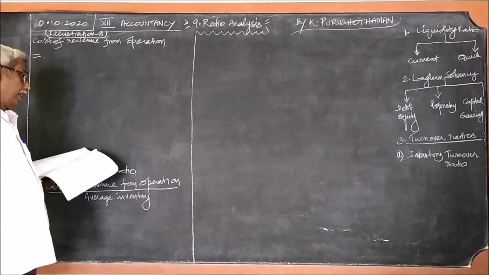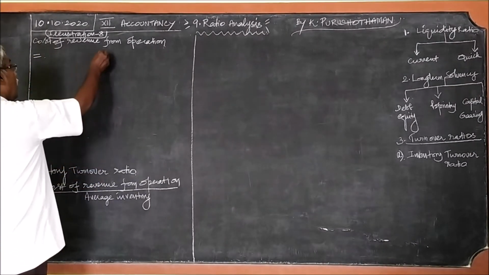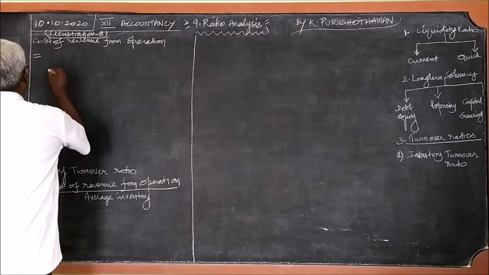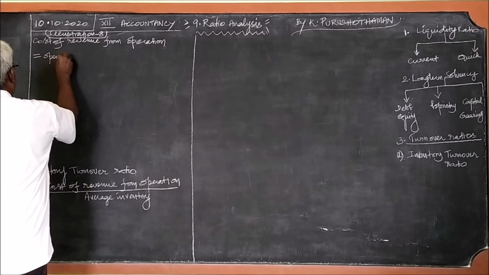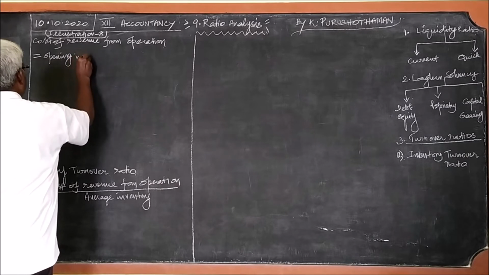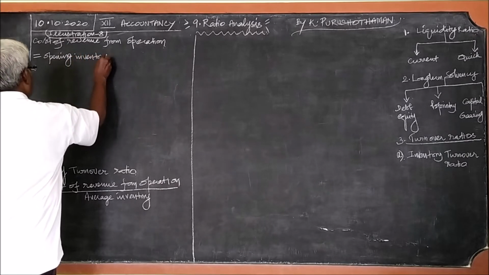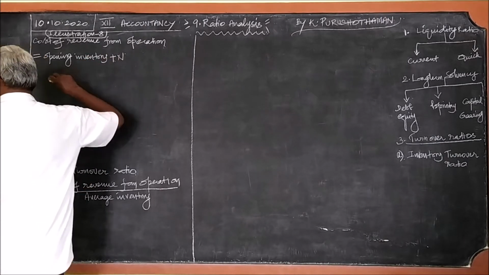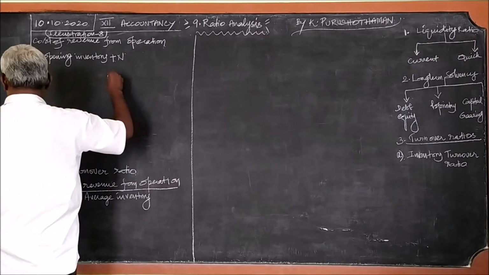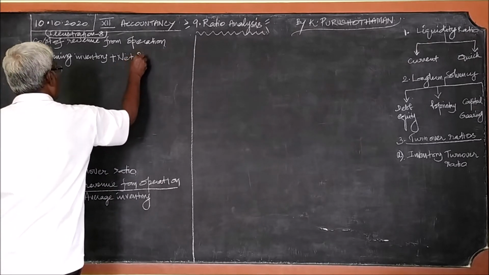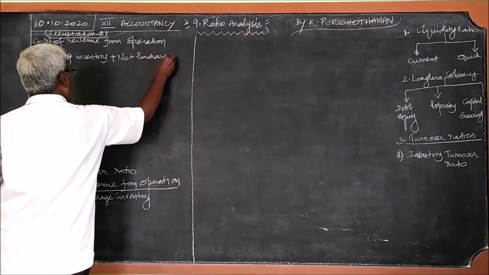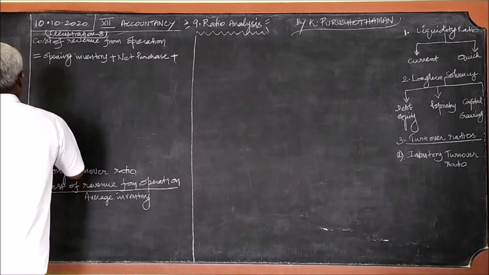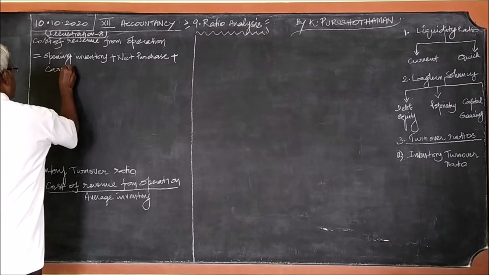For the numerator, how to find the cost of revenue from operation? What items does it contain? It contains opening inventory plus net purchase plus the carriage inwards, that is direct expenses.